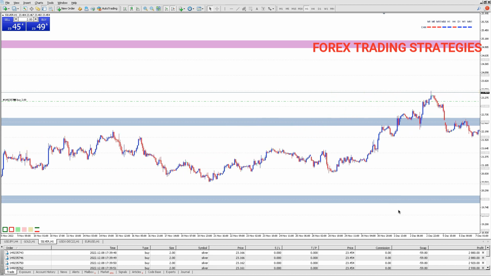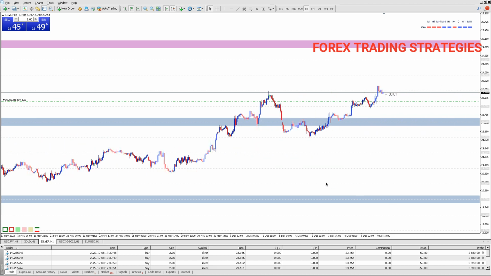So yeah, this is me just looking at my silver trades that I cannot close, and potentially might actually be in a loss if the market opens with a gap that's below here.